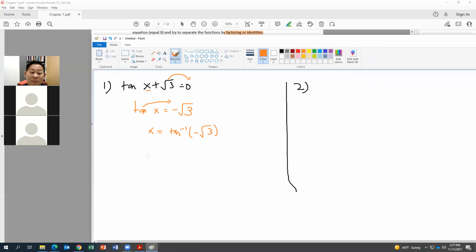And then you have to tell me what is the angle or quadrant. Can someone tell me what quadrant makes tangent negative? There are two quadrants. 2 and 4. Quadrant 2 and quadrant 4. Okay. Can someone tell me what angle gives us √3?